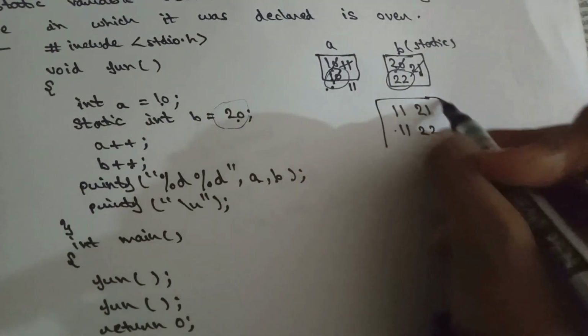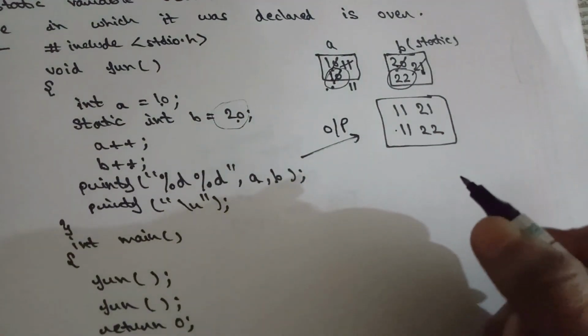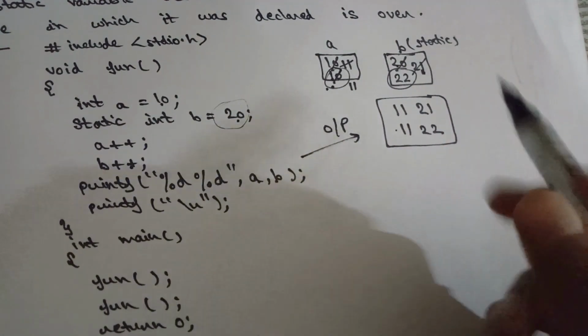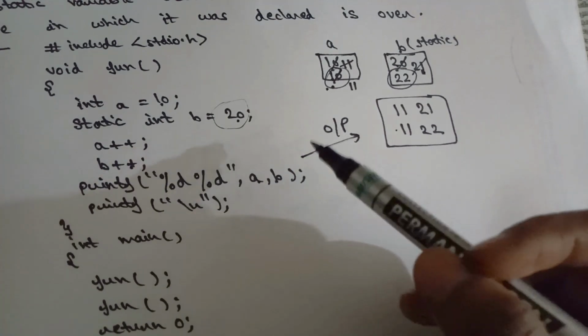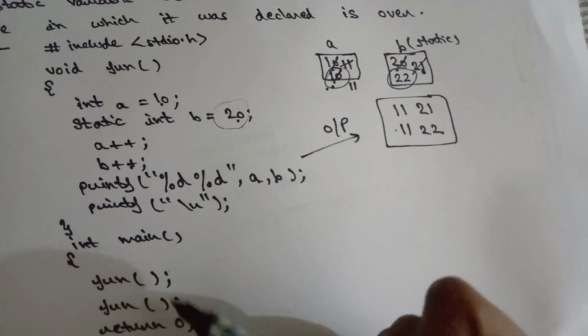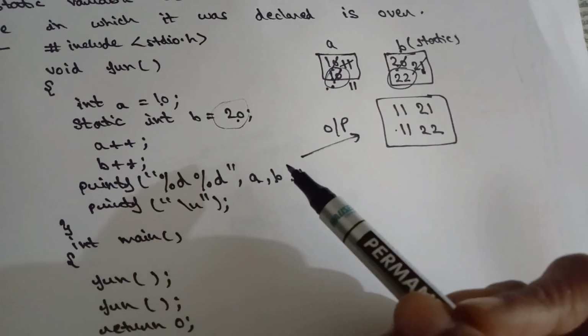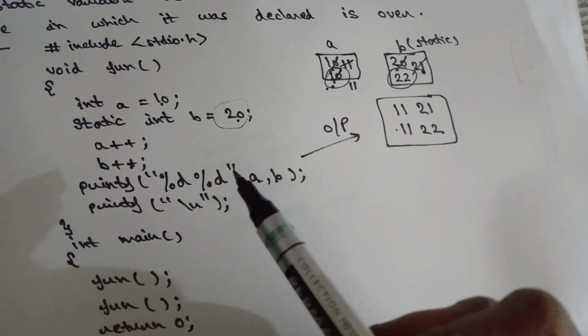So this is the output for this question. You must have understood the logic behind using a static variable and a normal auto variable. Static variables are very useful when you need to count how many times this fun function, or any function, has been called. Generally it is used to count a function call or a particular operation.